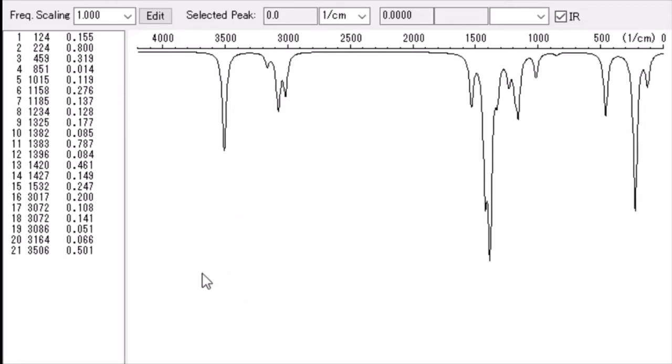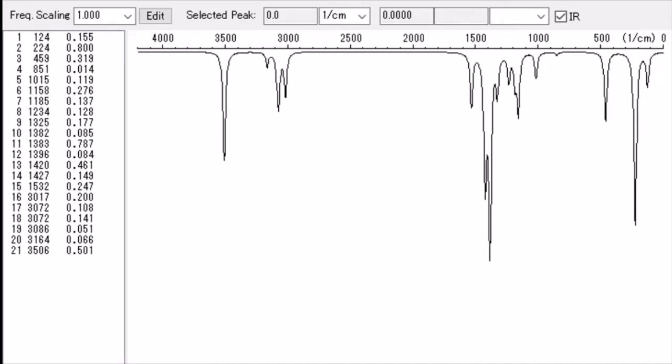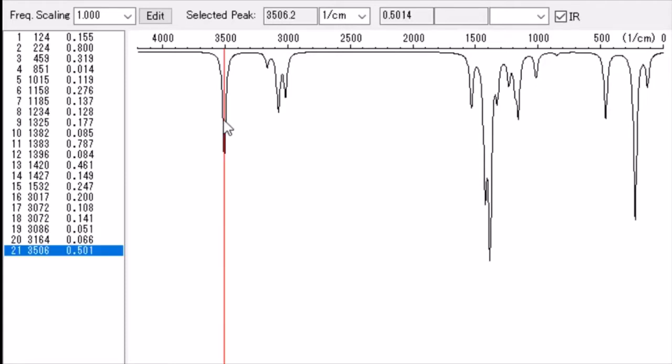This is a theoretically simulated spectrum, and therefore we cannot expect that kind of broad peak, right? We cannot analyze the shape here, but we can analyze the frequency, and we can visualize the molecular vibration here.